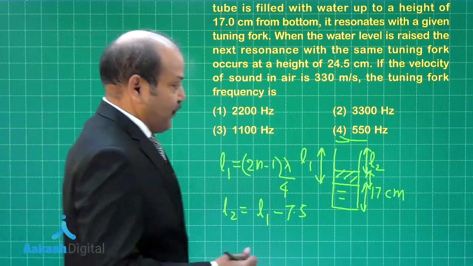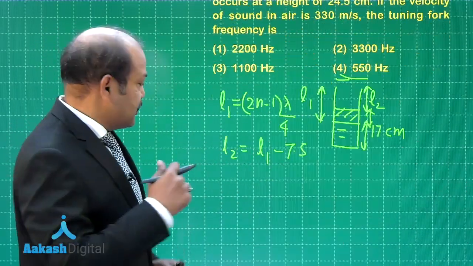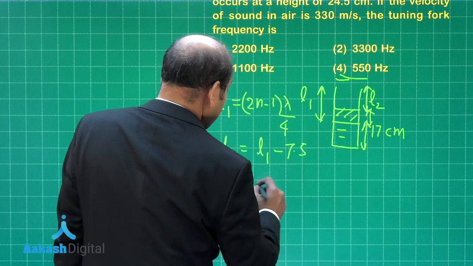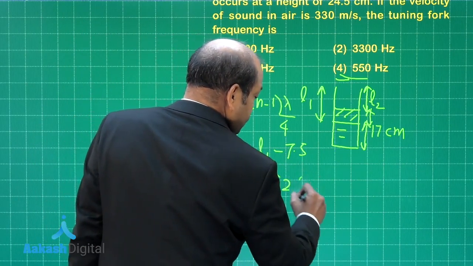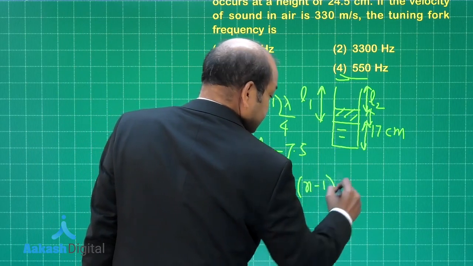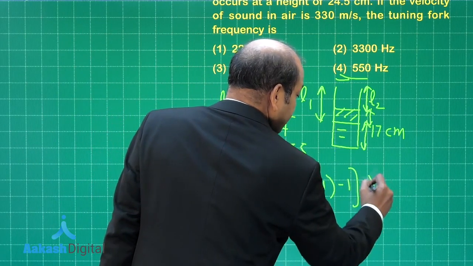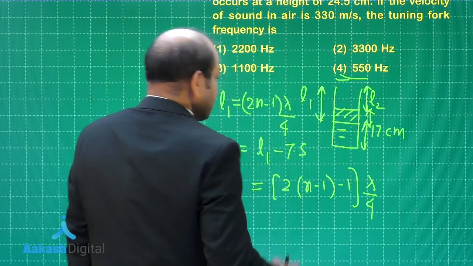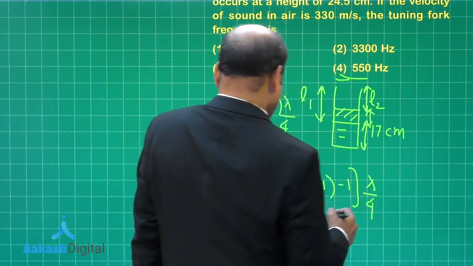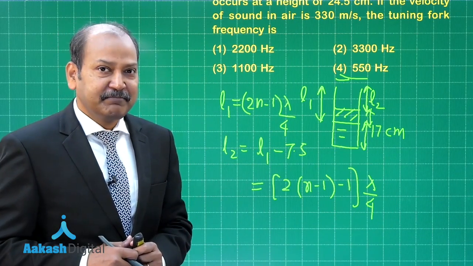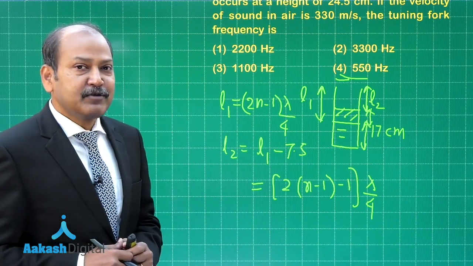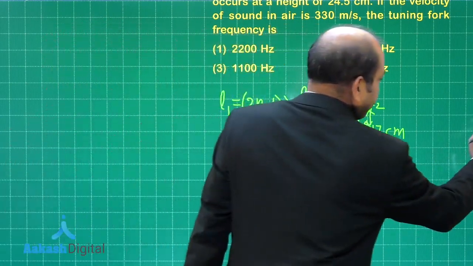Now, what should be the value of L2? It means we can equate this to 2 into n minus 1 minus 1 into lambda by 4. So, we have these two equations, and if we substitute, we get the value of lambda. The value of lambda comes out as 15 centimeter by solving it.